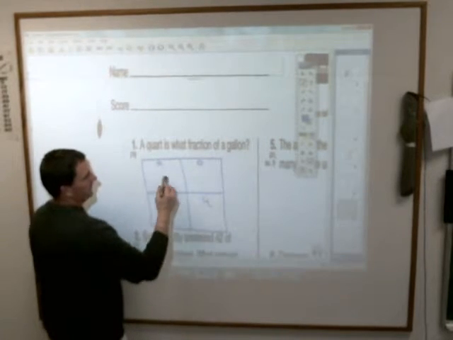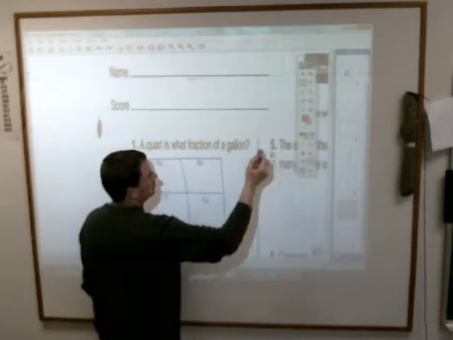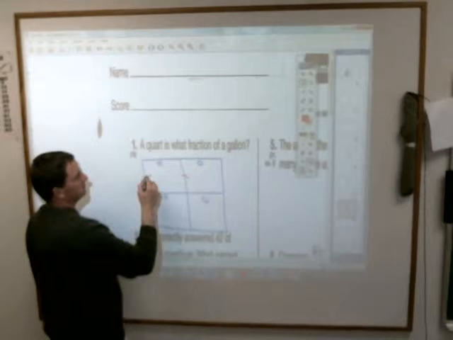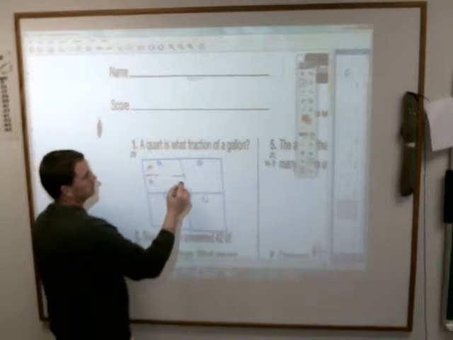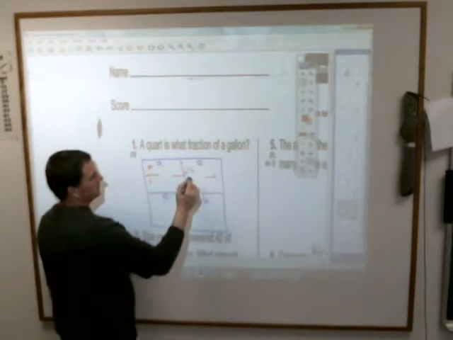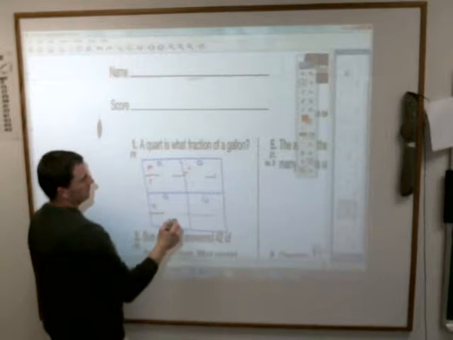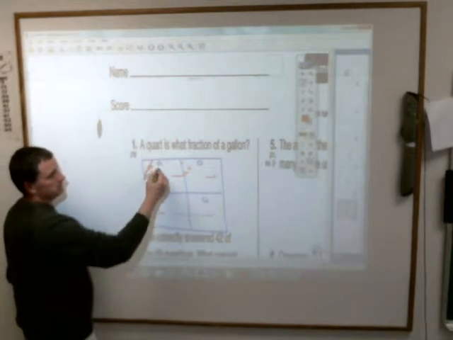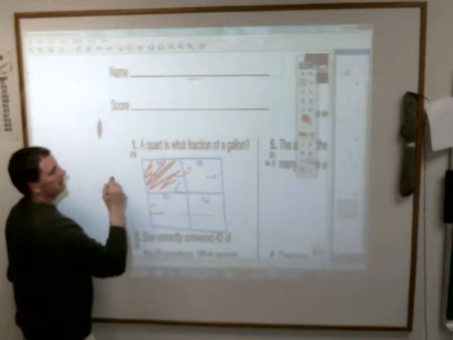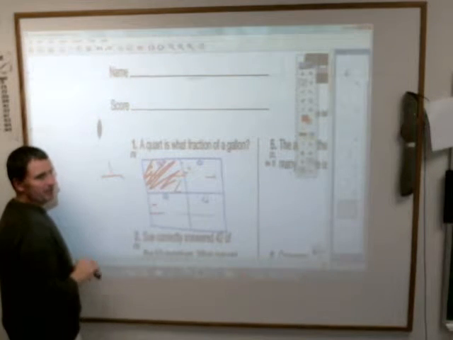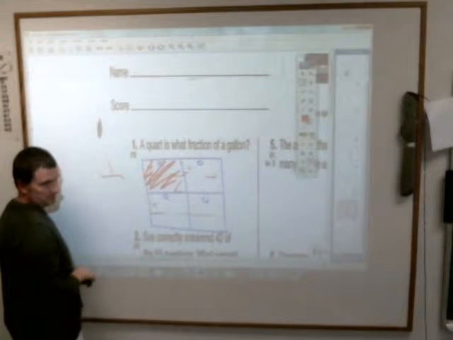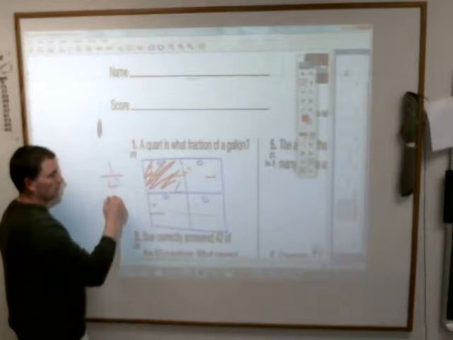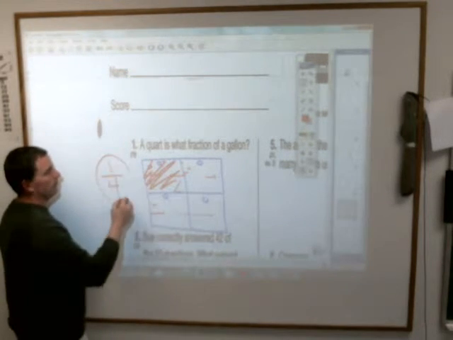And each quart has 2 pints, right? But that's neither here nor there. 1 quart, Ariel, 1 quart is what fraction of a whole gallon? How many quarts are in a whole gallon? 4. So 1 quart is 1/4 of a gallon.